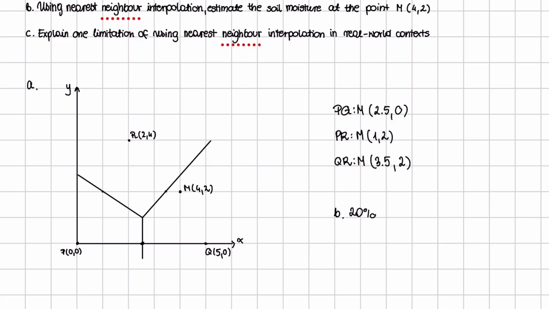And we can say that nearest neighbor interpolation is discontinuous. That means that the predicted value jumps abruptly at Voronoi boundaries, and it ignores gradual spatial trends and basically can produce blocky maps. And this can be our answer.